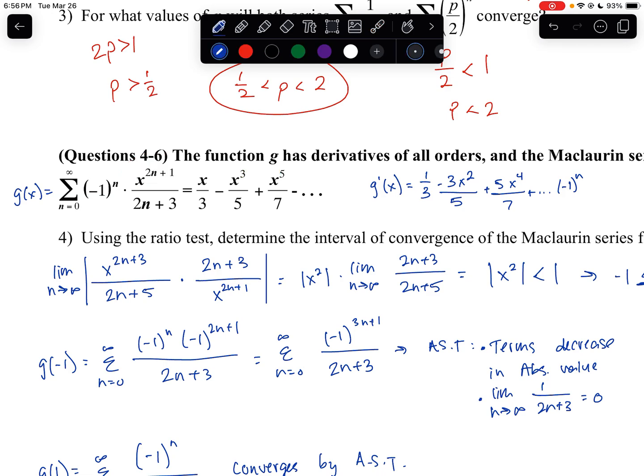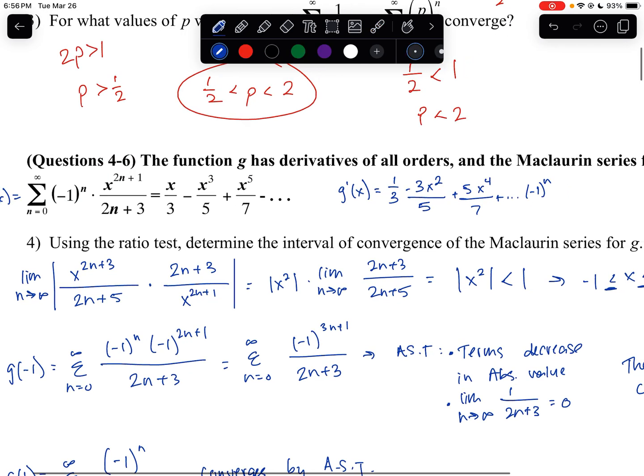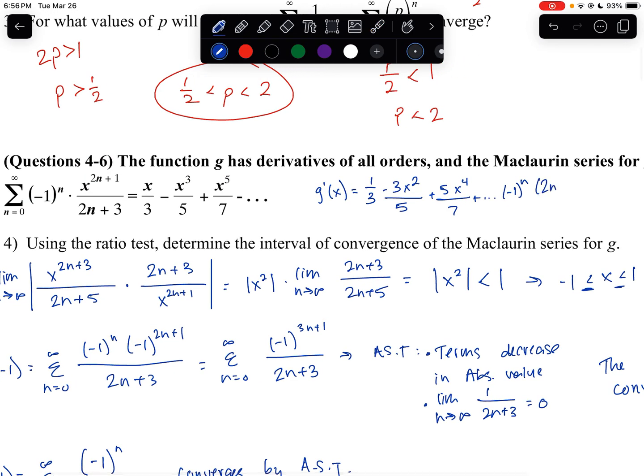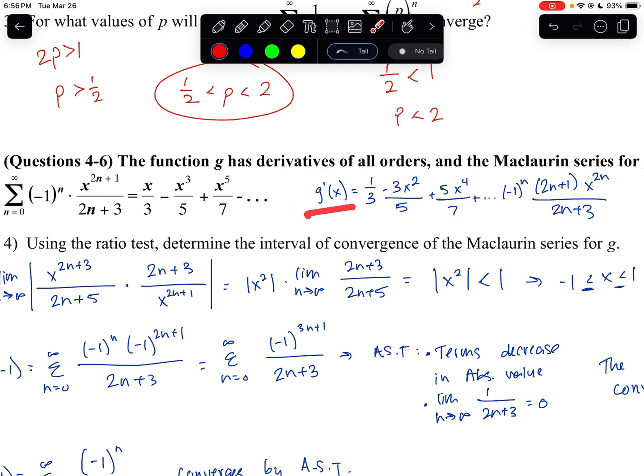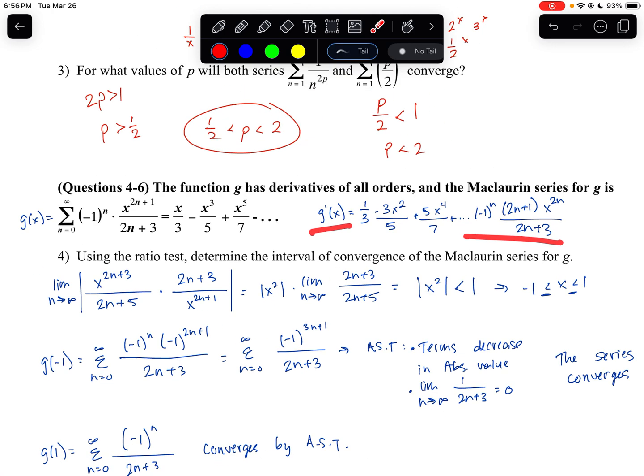If I drop the power, then it's going to become 2n plus 1 times x. Now I'm going to decrease the power by 1, making it just 2n, all over 2n plus 3. So again, this is just going to be whatever power I'm dropping in the next term. And so there you go. You have the first 3 terms of the derivative, and you have the general term.